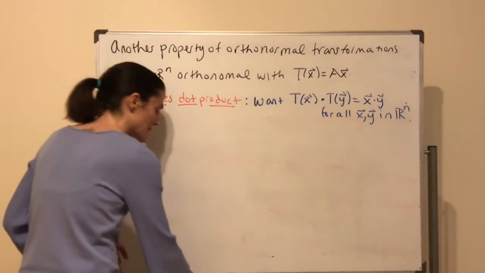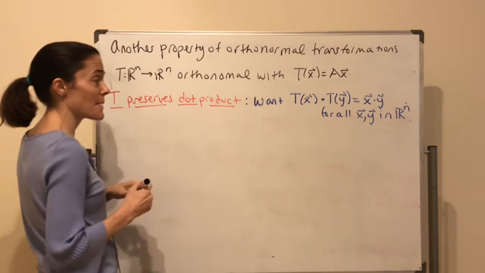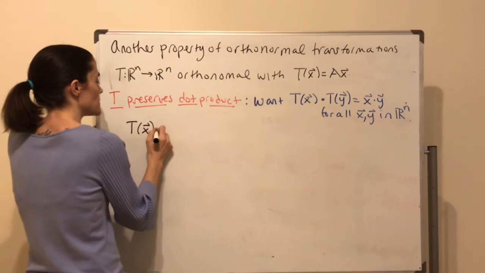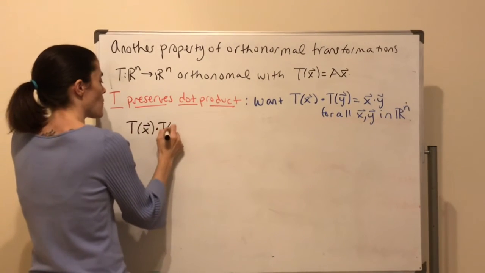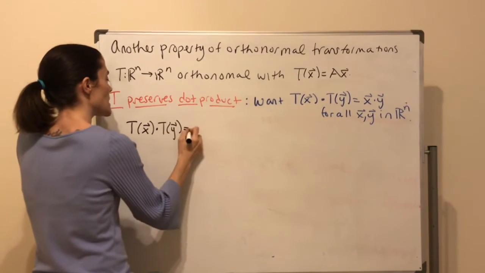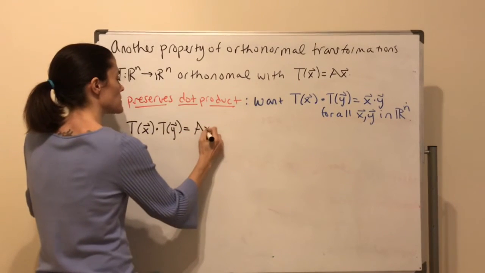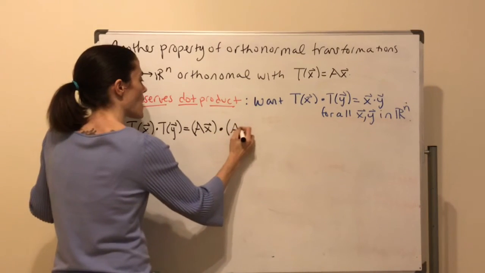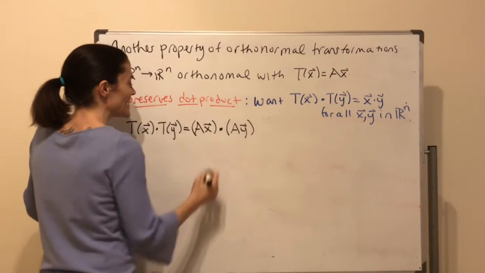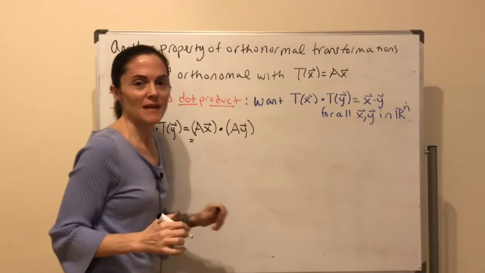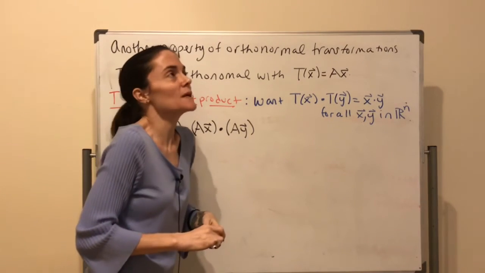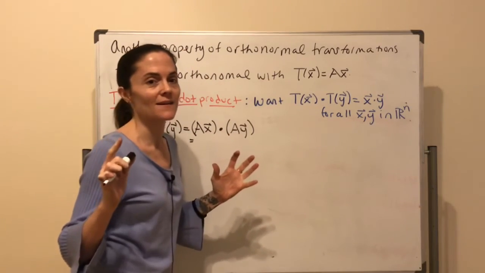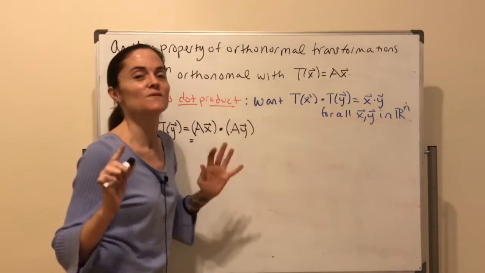Okay, how am I going to do this? Well, I'm going to use the matrix. T of x dot T of y equals Ax dot Ay. But now, you see, I spent a lot of time with matrices at the start because that's really the way I think about transformations, and it's really the way that I wrap my brain around linear transformation.